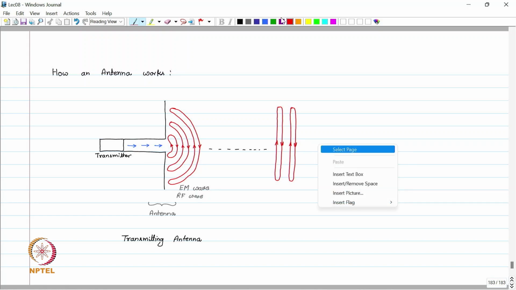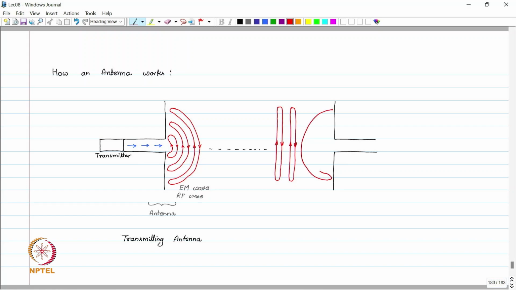And when they come in contact with the receiving antenna, these waves again convert back and generate an electrical signal which is equivalent to the wave received. So this is the receiving part.